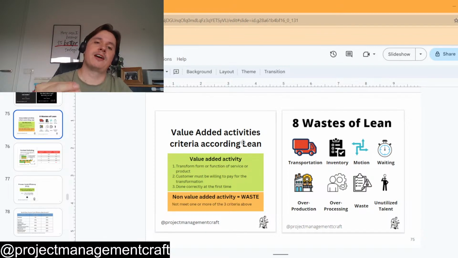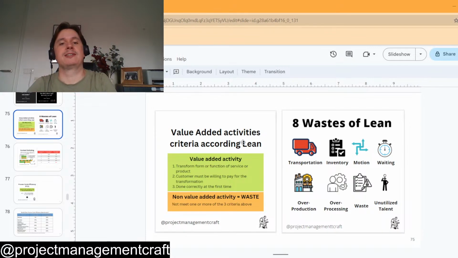Here you have a criteria to define what's a value-added activity and what's not. For example, if you are creating a new product and you do testing and quality, a lot of customers are willing to pay for that, so it's a value-added activity.